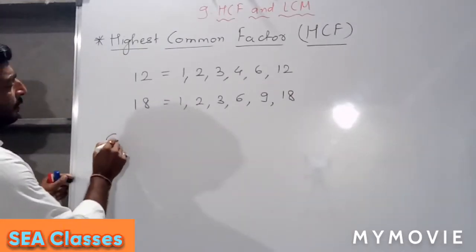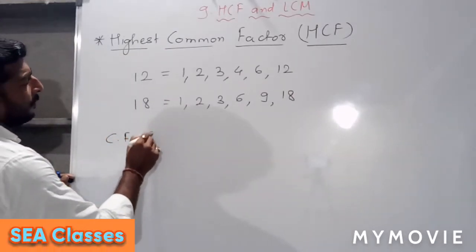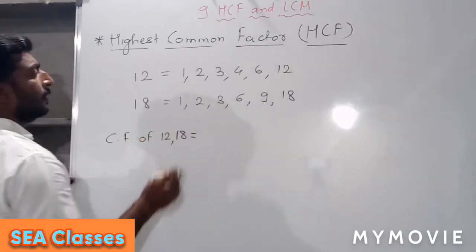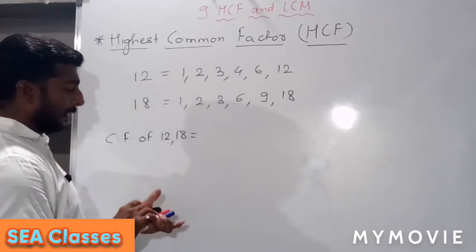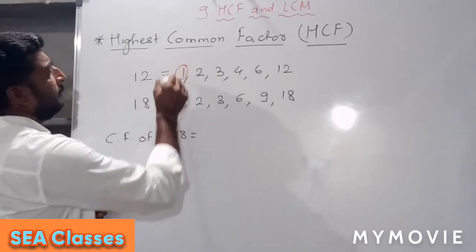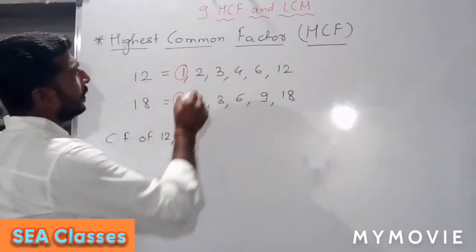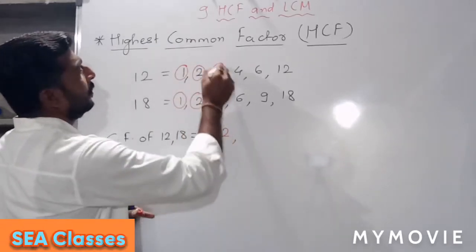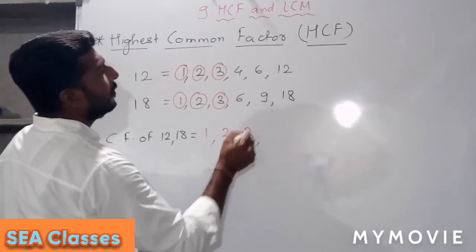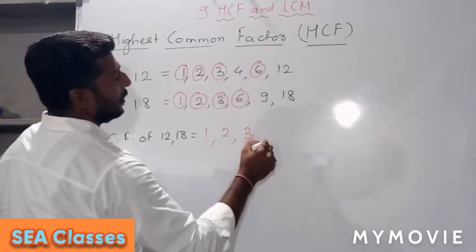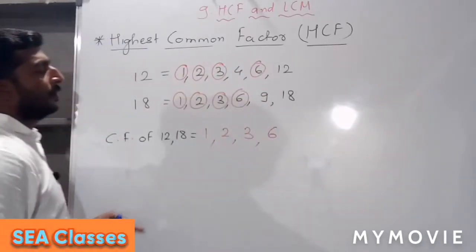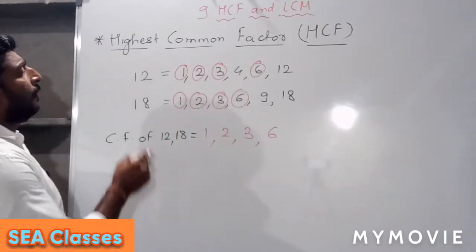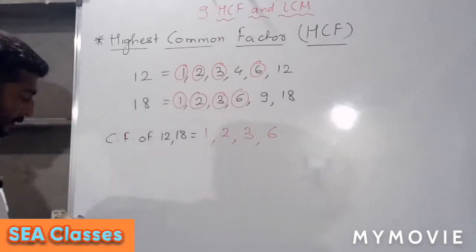Now you have to find the common factors of 12 and 18. They are 1, 2, 3 and 6.